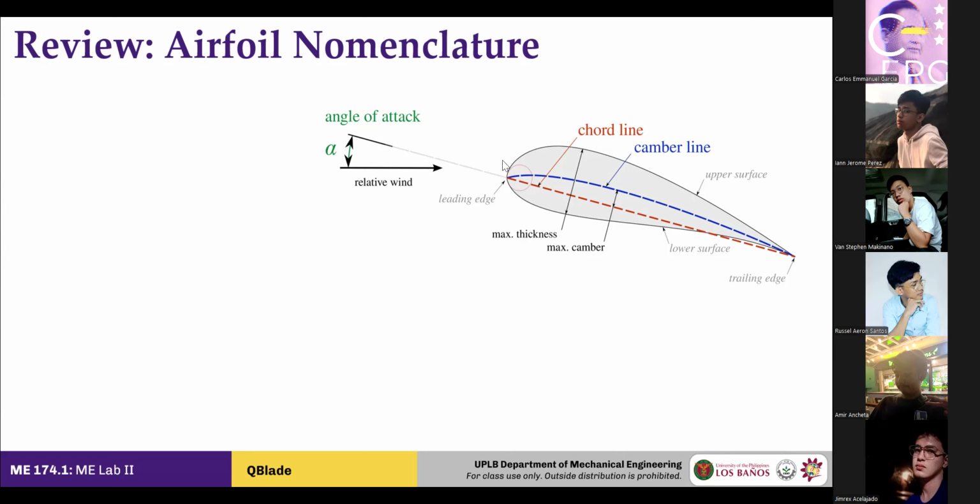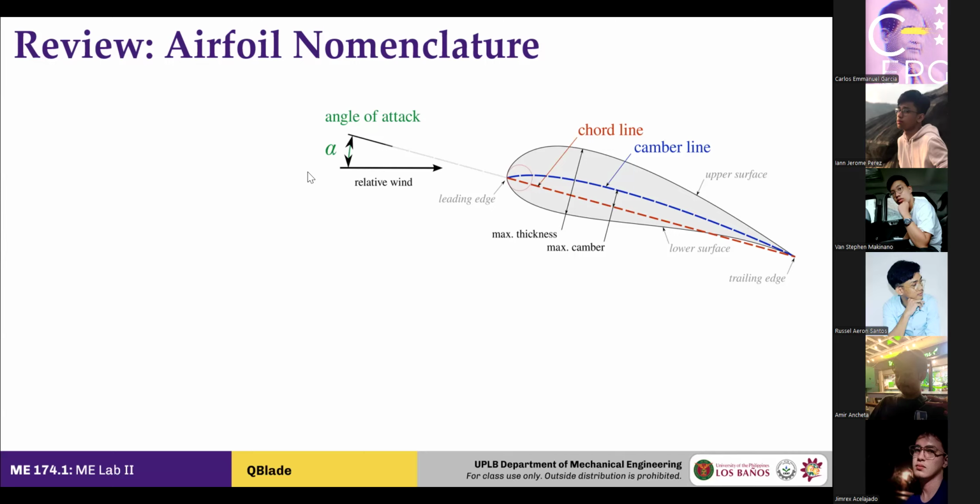Outside of that, another thing that matters is what we call the angle of attack. In some references, it's alpha. Sa 171 ba, familiar kayo sa angle of attack? Nag-velocity triangle kayo sa 171, tama ba? Depending on the reference, nagbabago yung symbol niya.